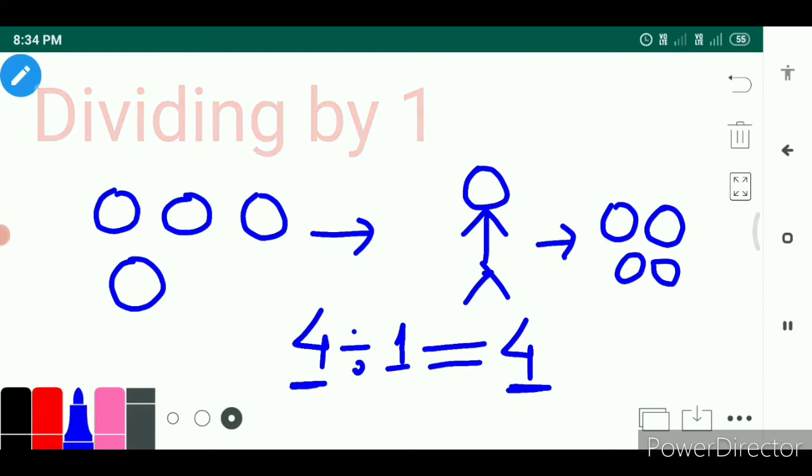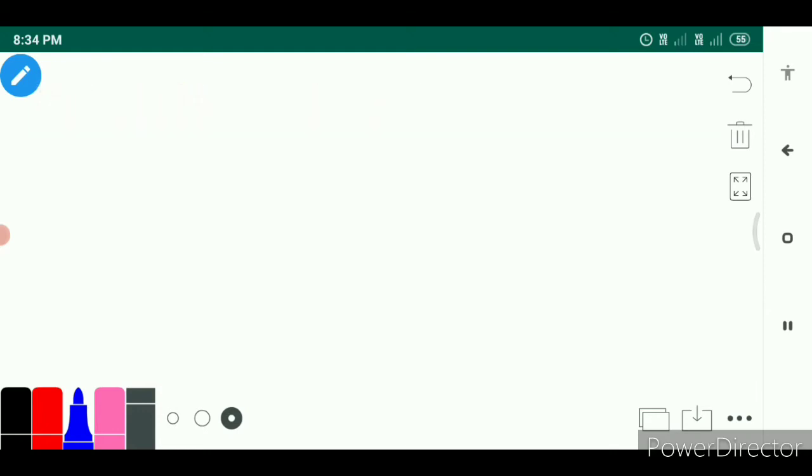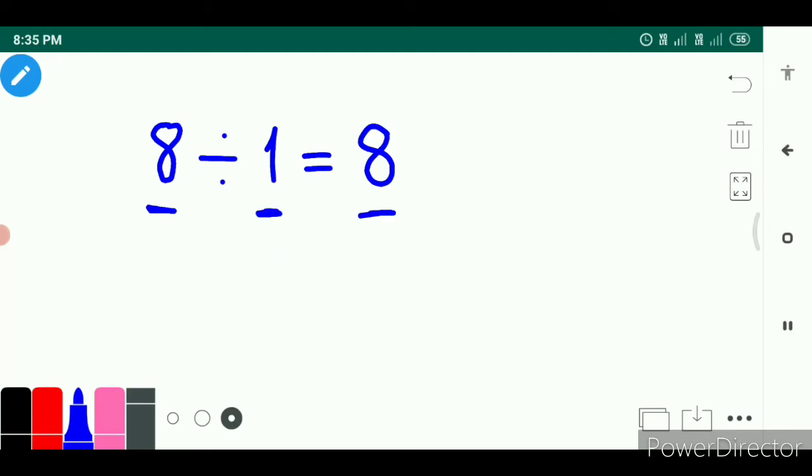If I divide 8 by 1, what will be my answer? Just use the property. The answer will be the same as the dividend, because if I divide 8 chocolates to one person, that person will get all 8 chocolates, right? I hope you have understood the first property of division.